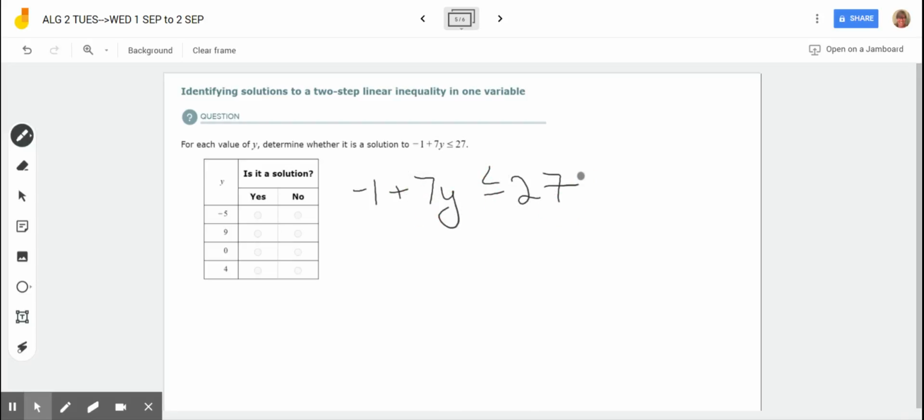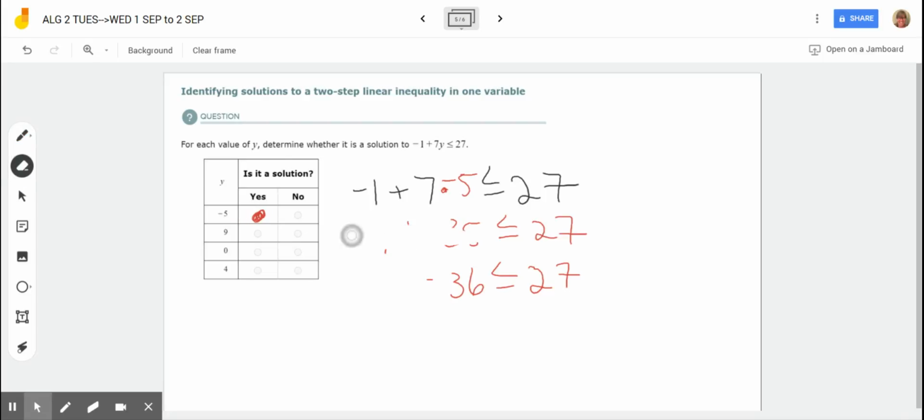This is where it's really nice to have a whiteboard because you could just erase the y, plug in the -5, and you go 7 times -5, and you get -1 plus -35. Is that less than or equal to 27? That's -36. Is -36 less than or equal to 27? Yes, it is.